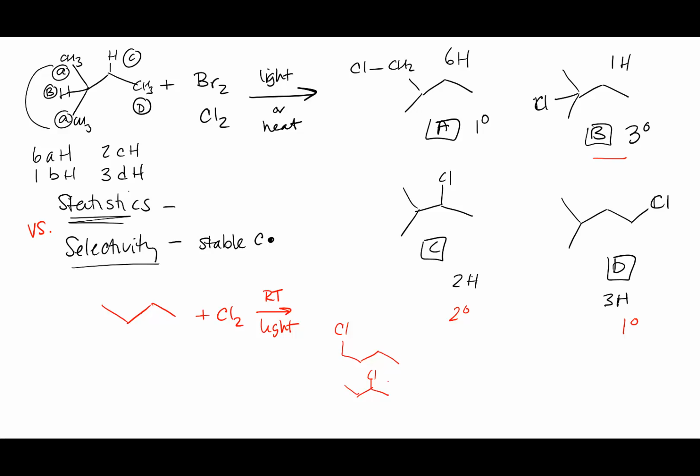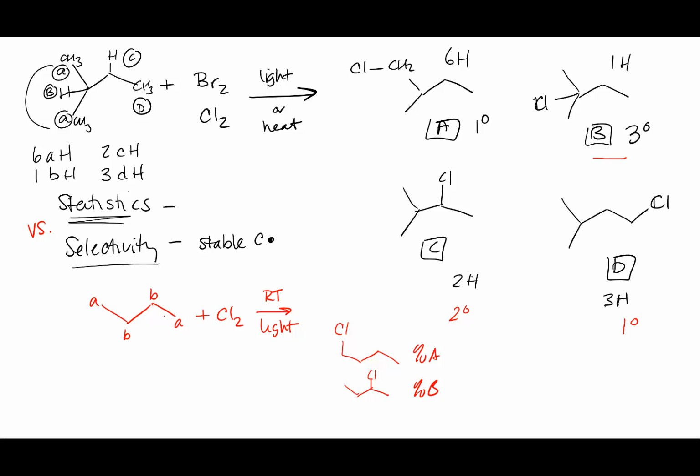So if I know the percentage of product, in this case let's call the primaries A and the secondaries B, I can determine what the percentage of product A is and what the percentage of product B is. They said, I can't overcome statistics. A will always be favored 6 to 4. There's 6 total A hydrogens, there's 4 total B hydrogens. I can't change that.